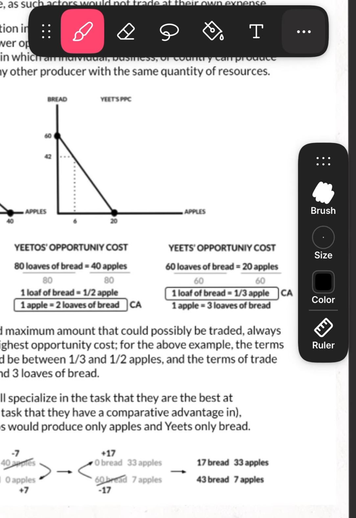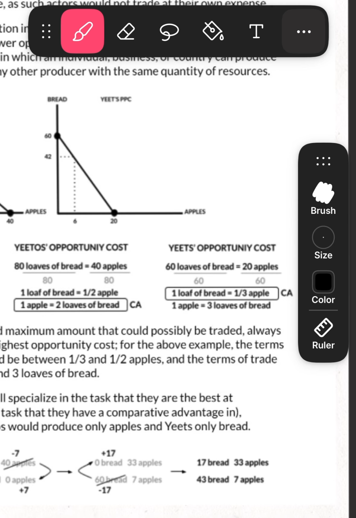If you look here, the cost for bread. So Yidos can produce one loaf of bread at the cost of half of an apple, while Yeats can produce one loaf of bread at the cost of a third of an apple, which is less than a half, and therefore producing one loaf of bread is a lower cost to him than it is to Yidos.